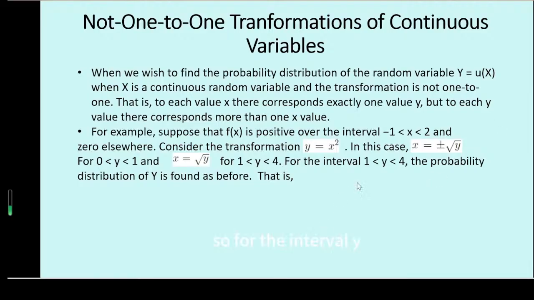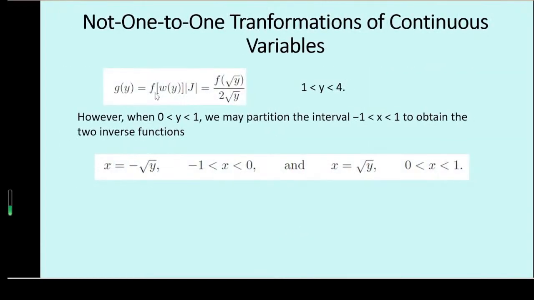So for the interval y between 1 and 4, the probability distribution of y is found as a one-to-one transformation. That is, g(y), the distribution of y, is f(x), the distribution of x, but we put the inverse of x in terms of y here, then we multiply by the J matrix.